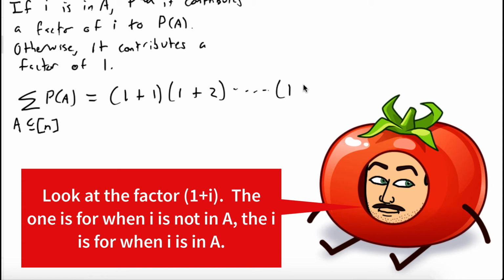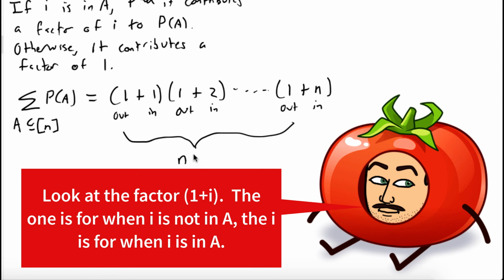So the 1 corresponds to not being in the subset. The next part, so plus 2 here, corresponds to it being in the subset. Okay, so each element is either in or out of the subset, and that tells us how much they contribute to the product. This product is n plus 1 factorial.